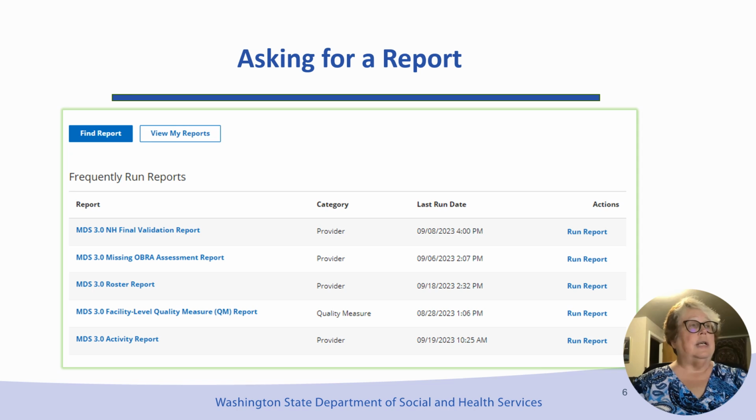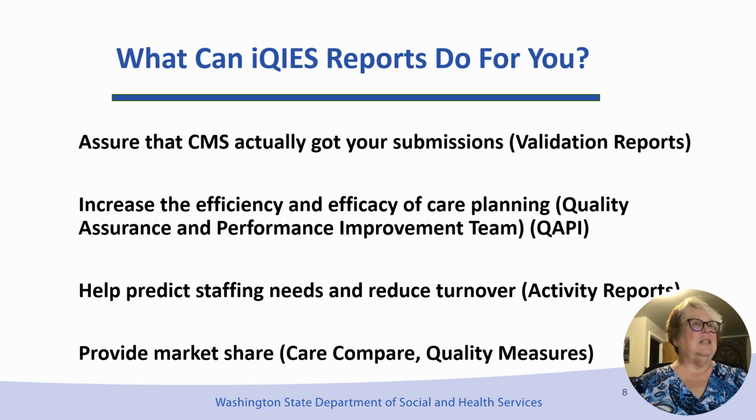These are the different types of reports that you might have available to you. Validation reports, missing assessment reports, roster reports, and all of these are available to you if you have the correct passwords and permissions on your HARP account. So you're going to need to select which report you wish to run and select Run Report over on this side.